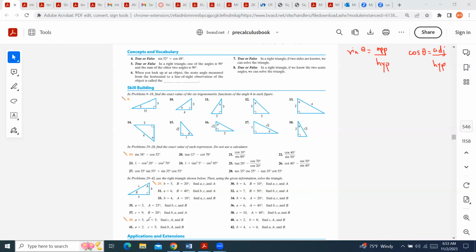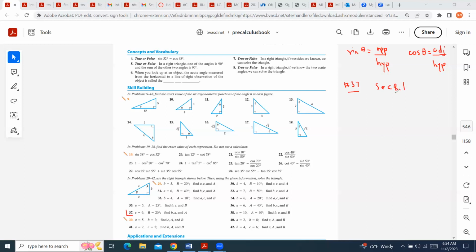I think I did that last time with 2 sides, so maybe I'll do 37 with a side and angle given to us. So again, we're in the first section of chapter 8, which is called 8.1.